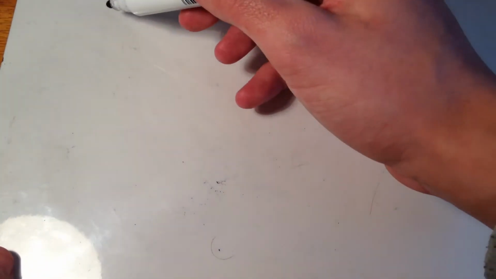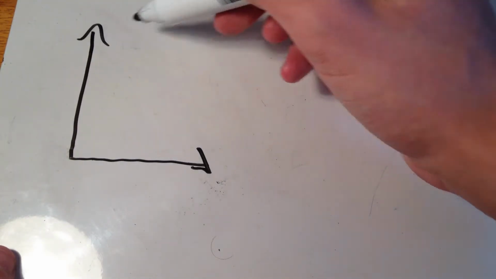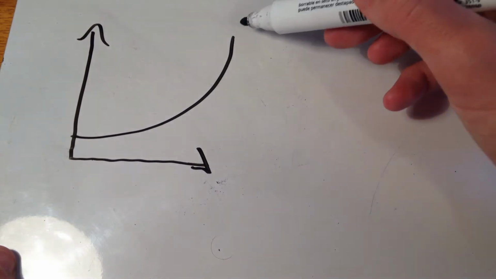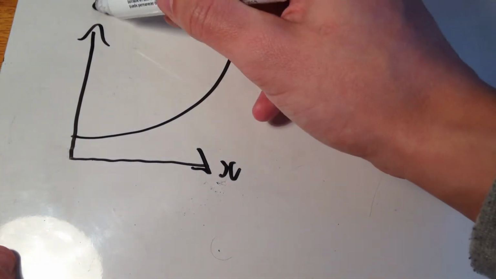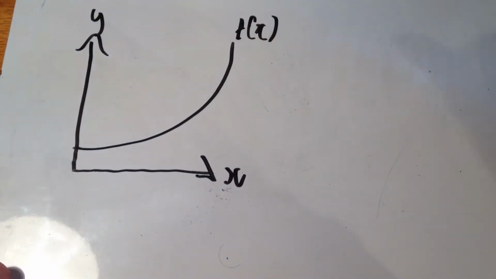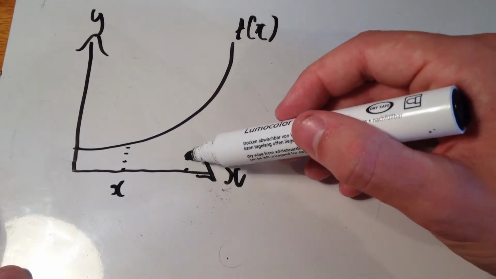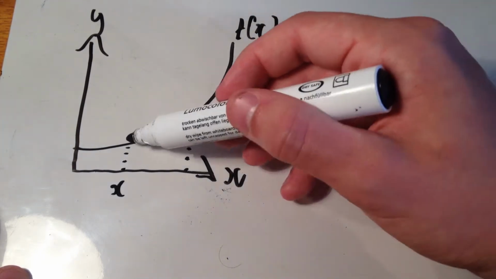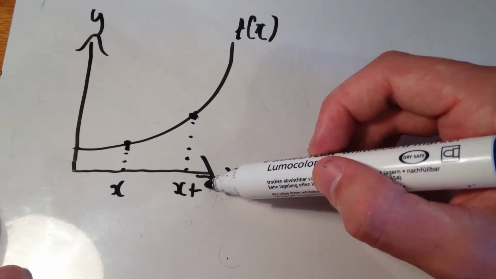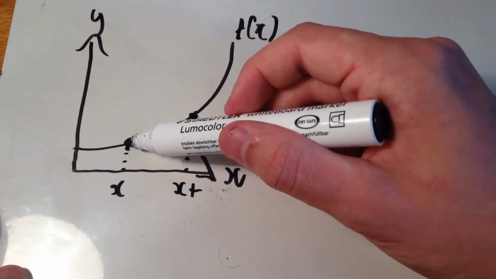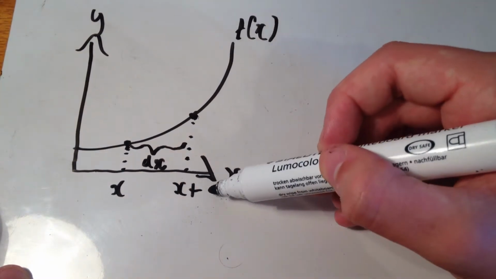So starting on a clean slate, we'll draw a similar graph, f of x, y. And let's start again with point x. And this time we'll actually name this point x plus a certain distance, which in this case will be dx.